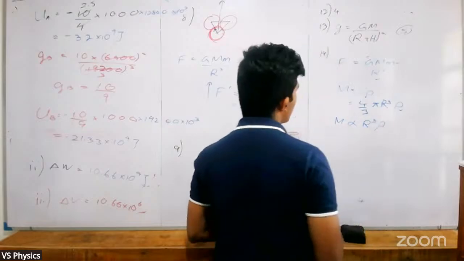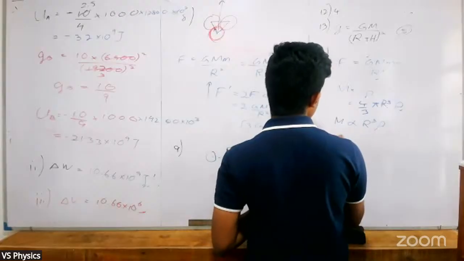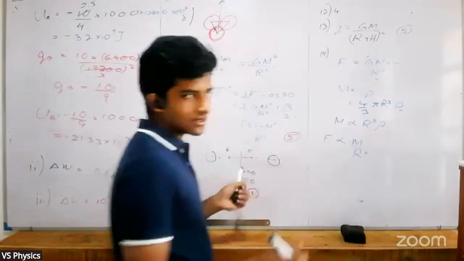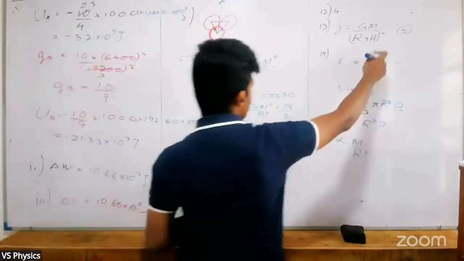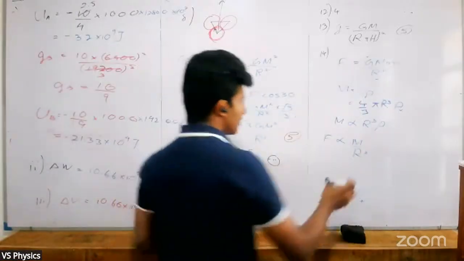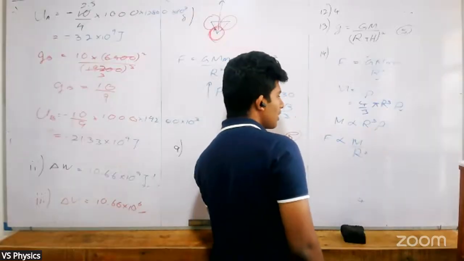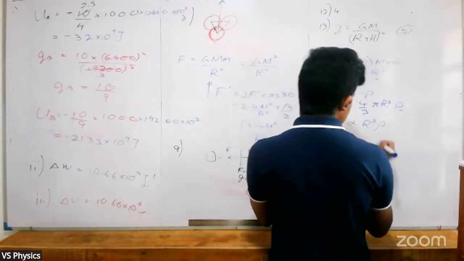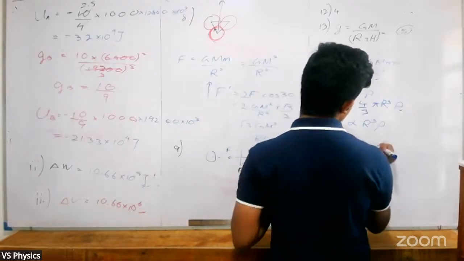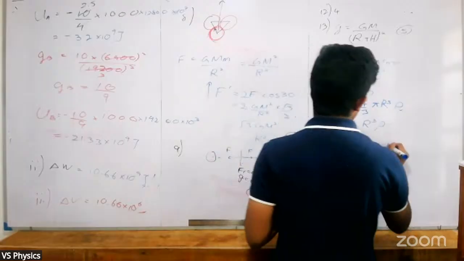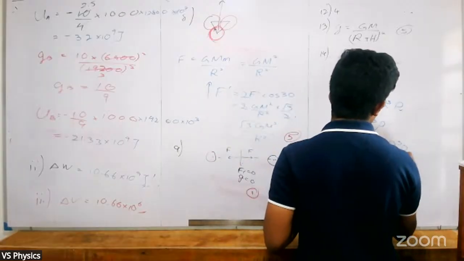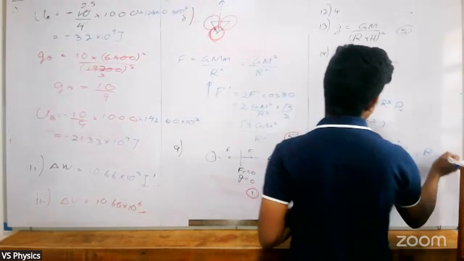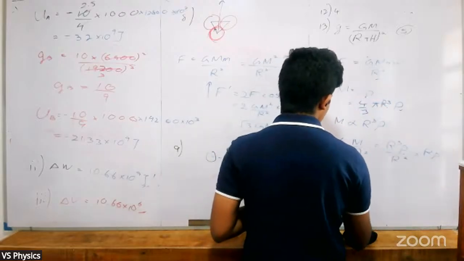So F is proportional to M over r square. We don't have to think about anything else, like the gravitational constant or small m. We only have to think about proportionality. Substituting M, r cube rho divided by r square gives us r rho. So F is proportional to r rho.